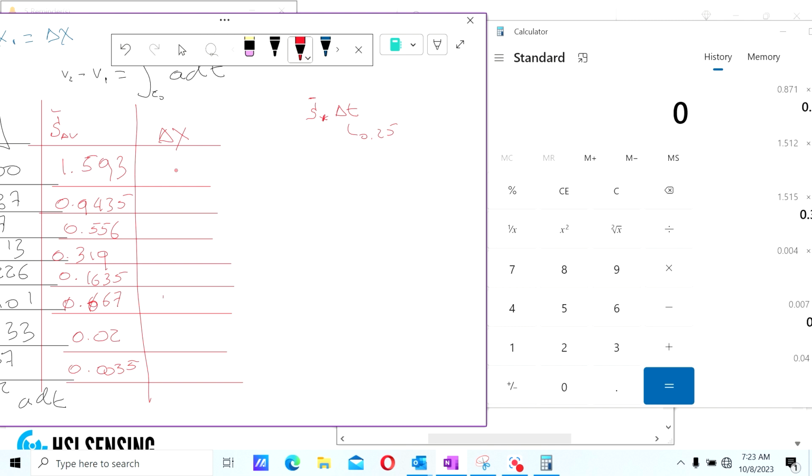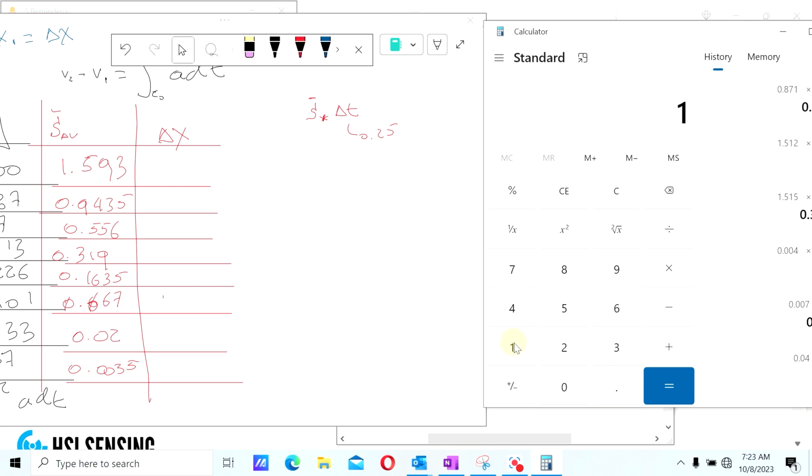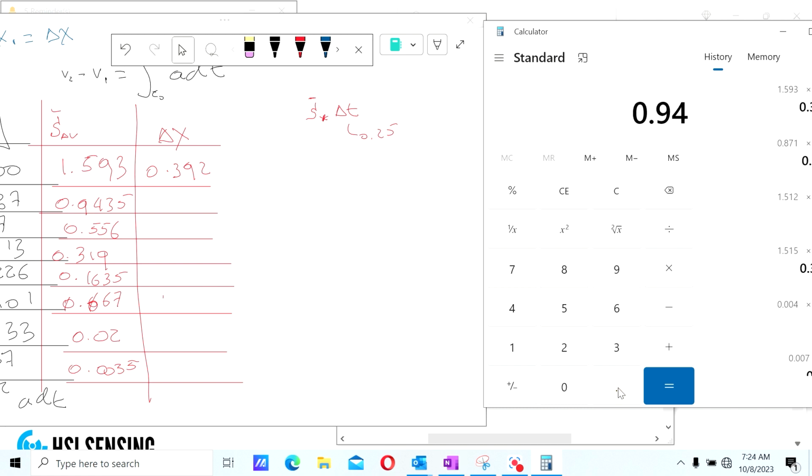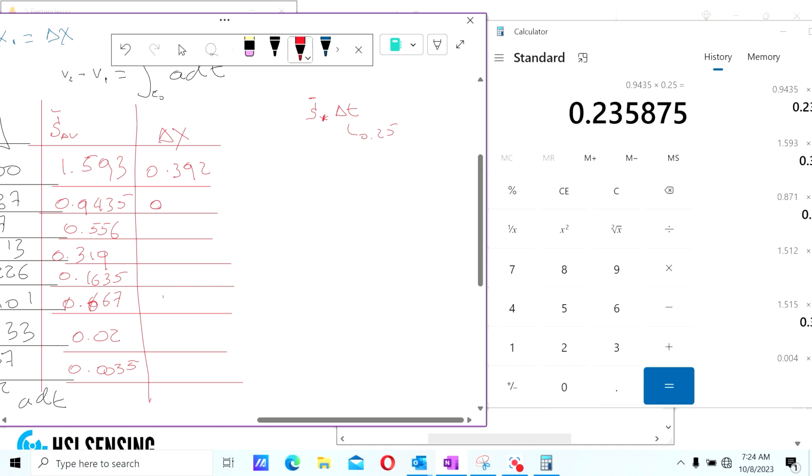Okay, so for that we use the calculator and we use the delta t as 0.25. So 1.593 times 0.25, and that is 0.3925. Alright, the next one is 0.9435 times 0.25 equals 0.235.